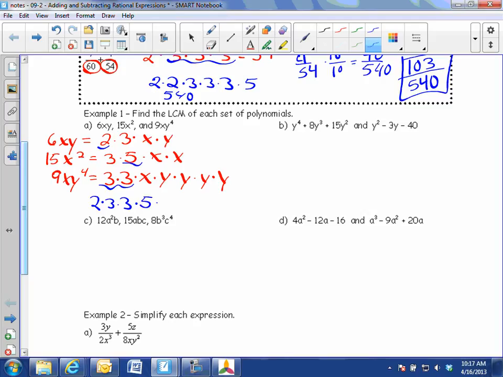How about x's? 2. And y's? So that would be our least common denominator, or least common multiple.